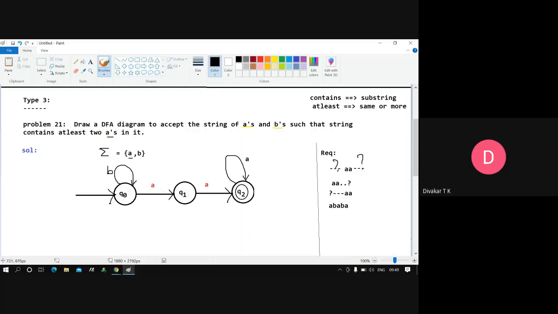Now I'll check in Q1. In Q1, I'll try to write the self loop here with B. Now tell me whether it's correct or not. Now read out the string here. From Q0 A, again B, again B, two A's are there, right? So no problem if I write a self loop for this Q1 here.